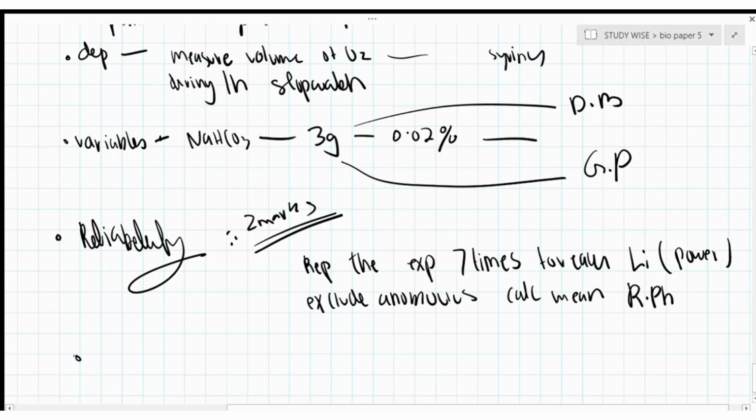And then you need to say the risk. First of all, you need to say whether it's a high risk, medium risk, or low risk. For example, let's assume we're using NaHCO3, sodium hydrogen carbonate, which is an irritant. So you're going to say, for example, it's a medium risk.